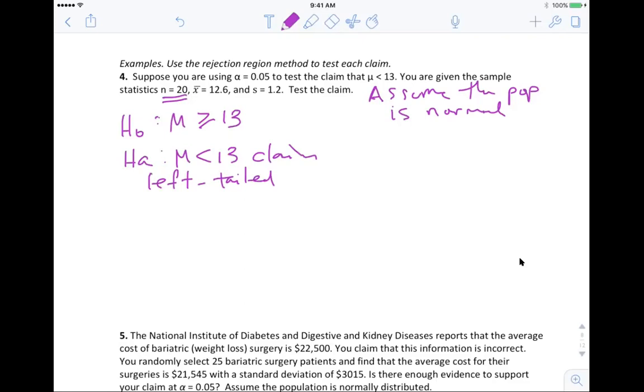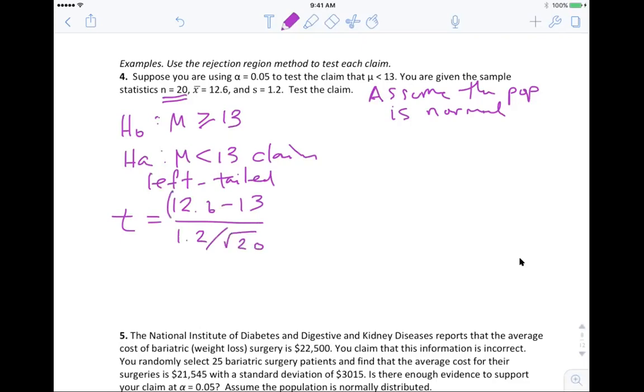Step 2 is verify. That's why we had to squeeze in that little statement about the population being normally distributed. So we're good there. So we're going to go right to our test statistic, t now, not z, right? It's t. x bar minus mu, 12.6 minus 13 over s, 1.2 divided by the square root of 20.